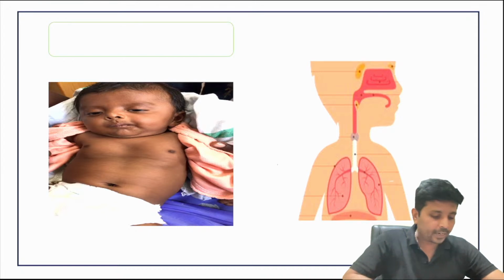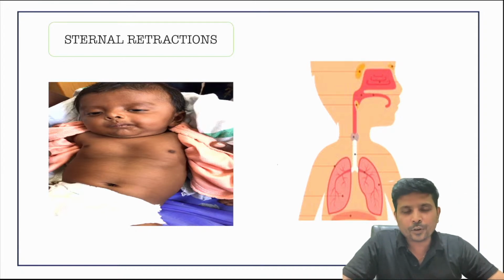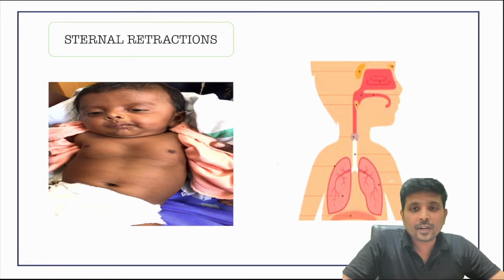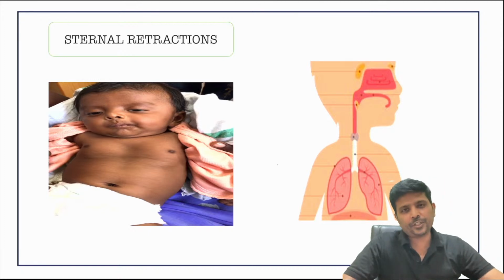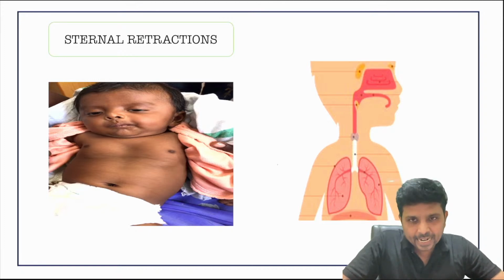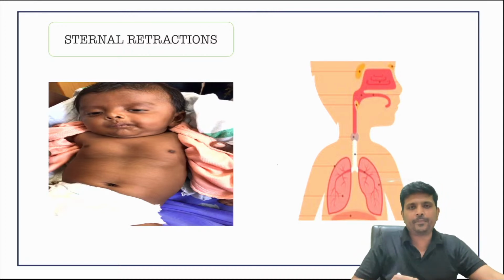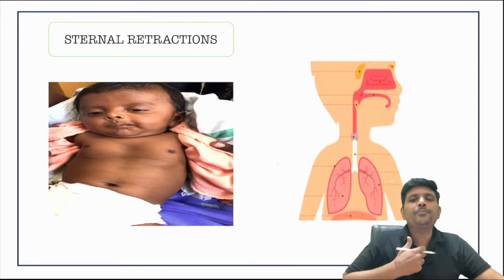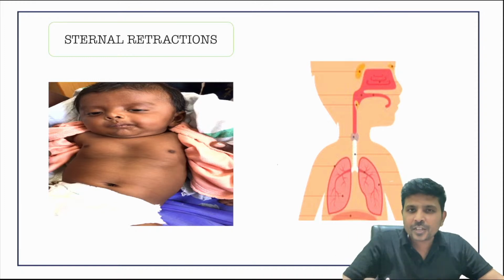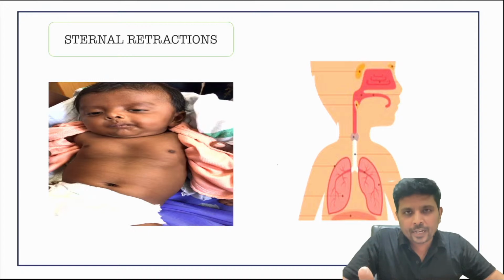This is called sternal retractions. What does it indicate? Sternal retractions indicate that the pathology is just behind the sternum. So what is the structure that is behind the sternum? The structure behind the sternum is your trachea.